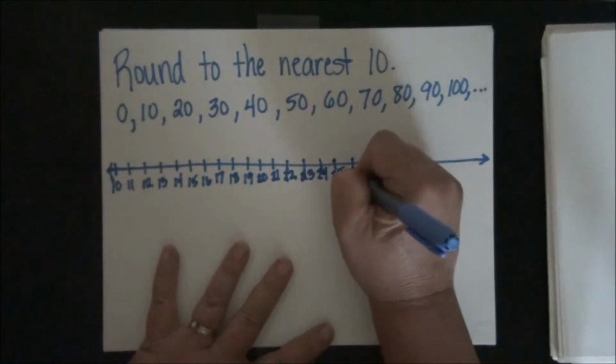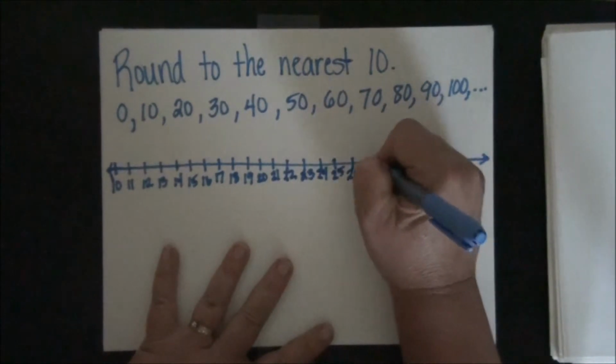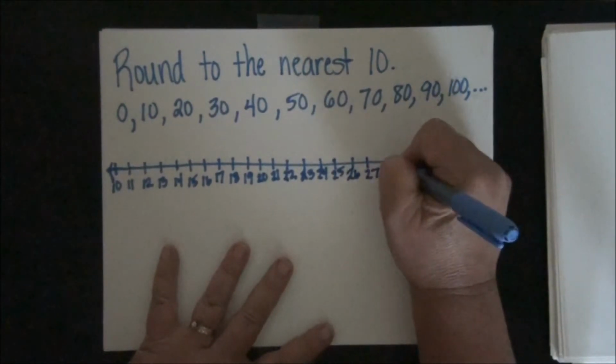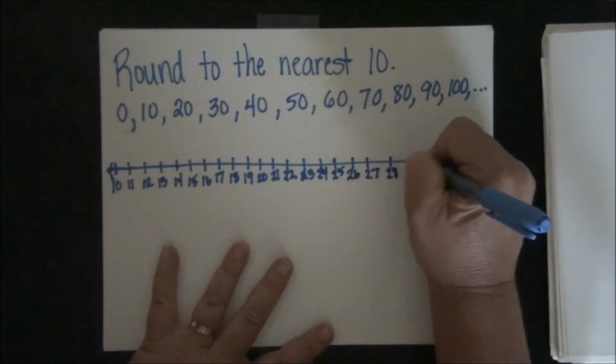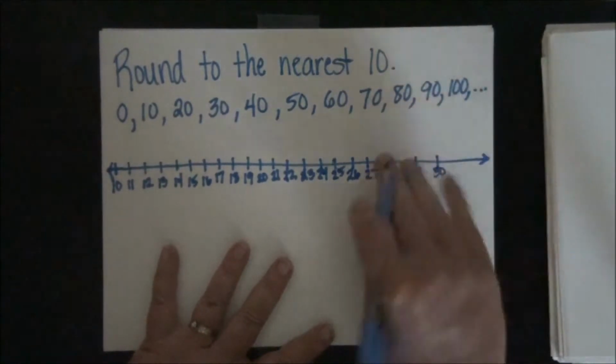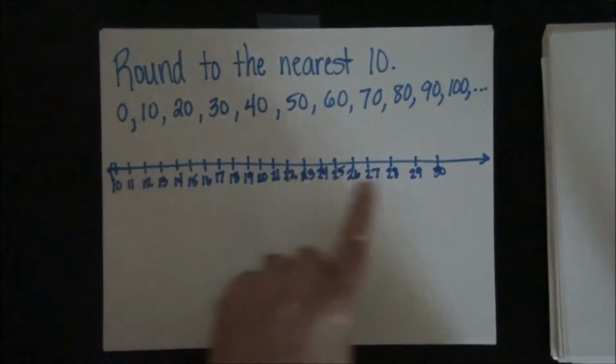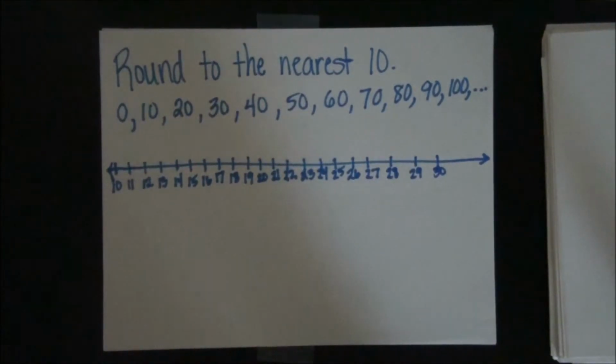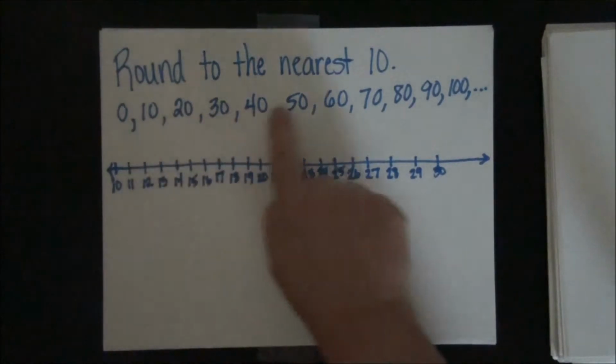Ooh, I'm making it too squishy. 26, 27, 28, 29, 30. Okay, we don't need to go any higher. That's as far as I want to go, from 10 to 30. Okay, so let's talk about numbers that are close. First of all, we know what our tens are because we already wrote them up here.